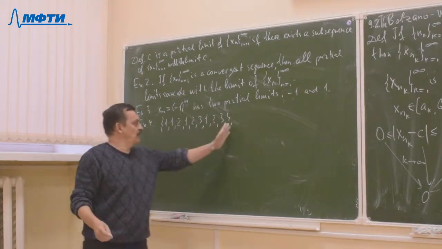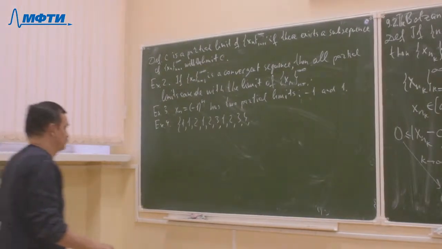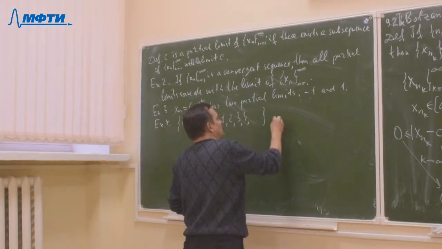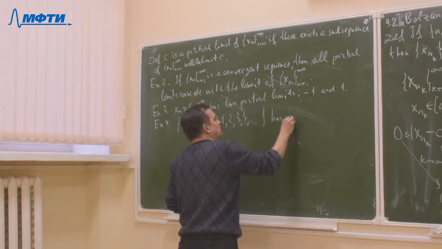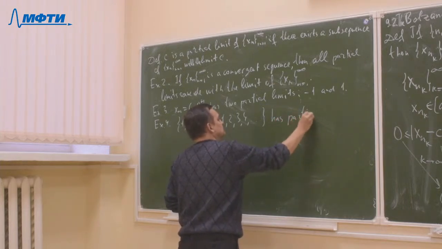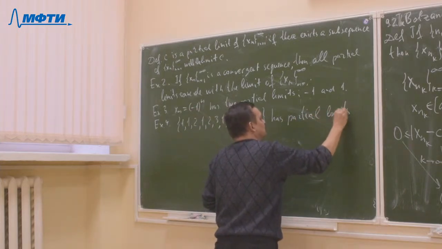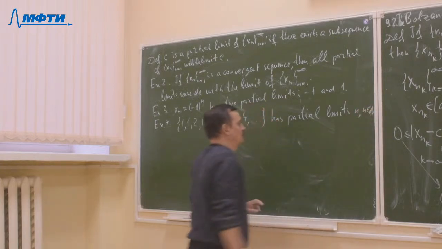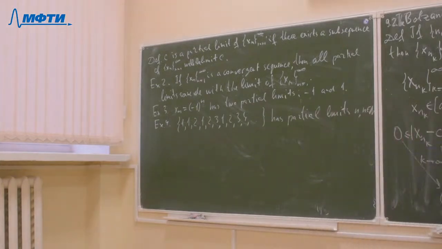So every time we repeat more and more first members of the naturals. Then every natural number n is a partial limit. So all natural numbers can be partial limits of a sequence.